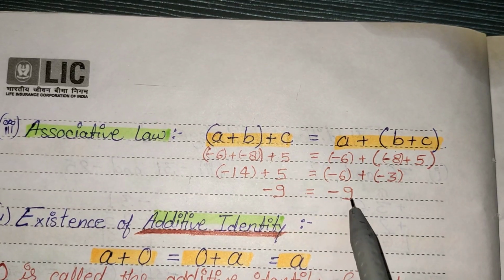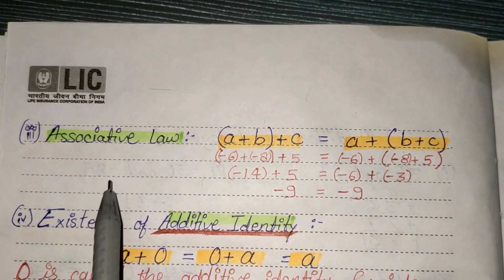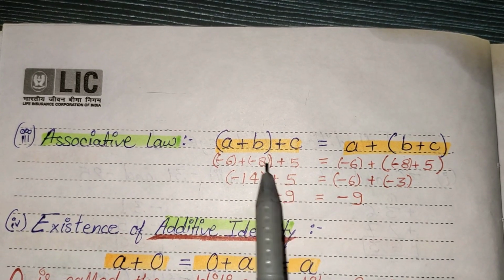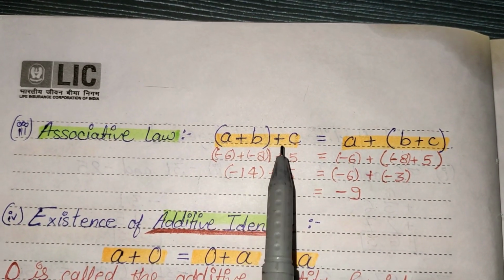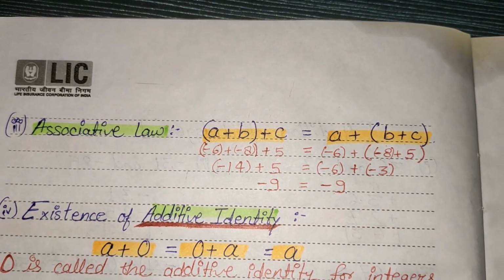The answer is the same on both sides, so the associative law is true: (a plus b) plus c is equal to a plus (b plus c).